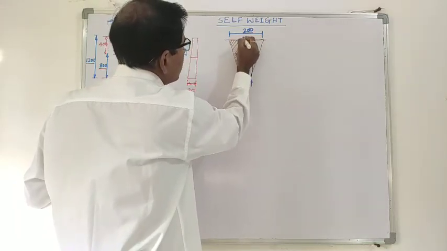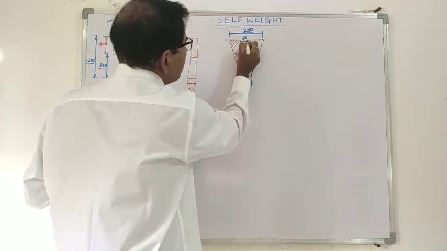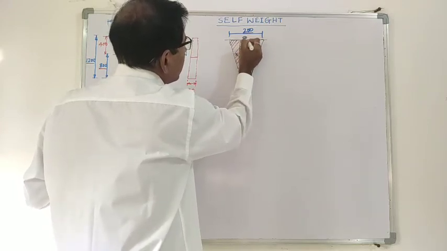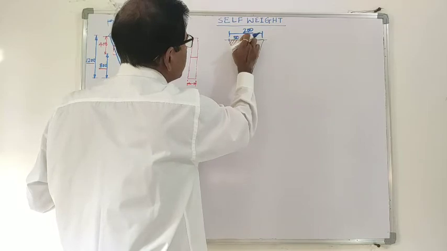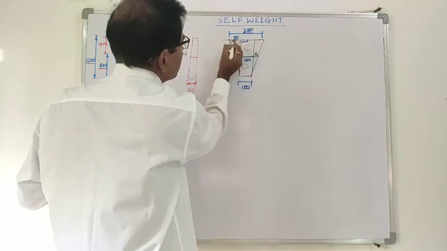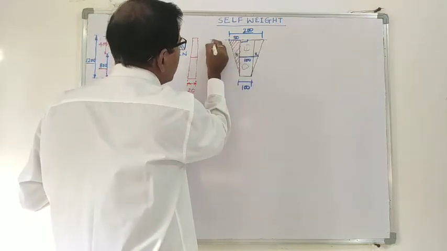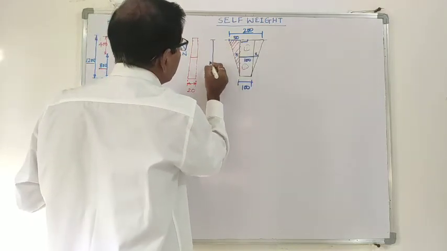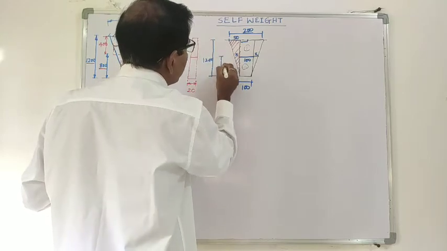So obviously this will be 50. This dimension is 50 and 50, and the total is 100. So 100 minus 50, it will be 50. So this dimension is how much? This is 50. This total length is 1200 and this is 800.